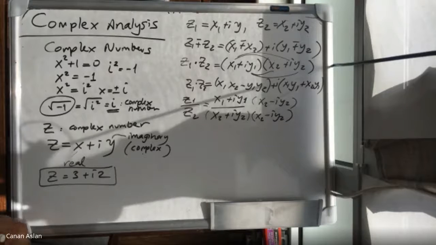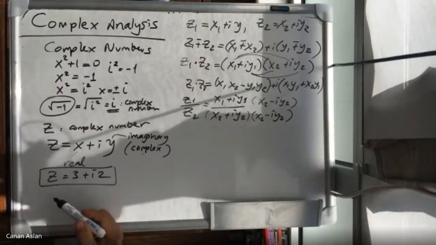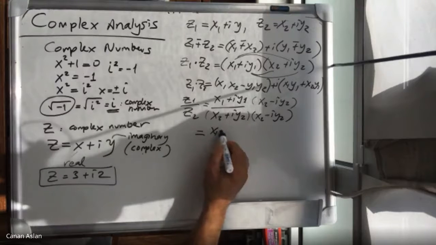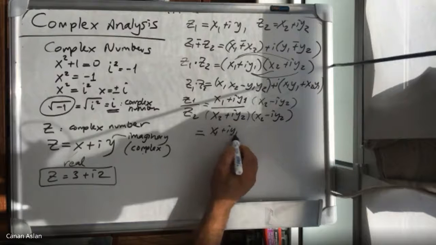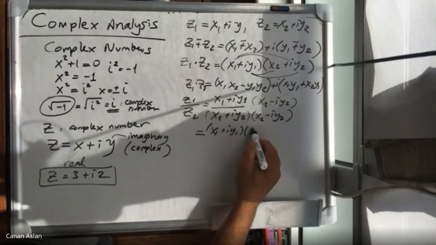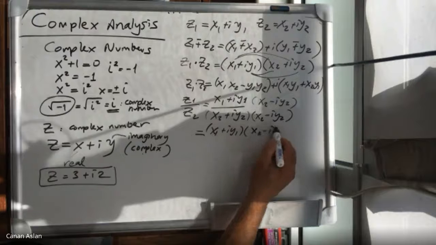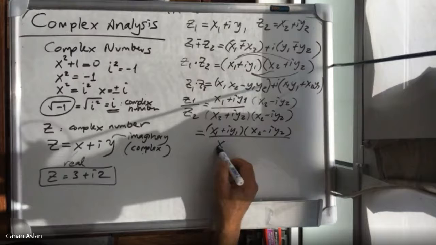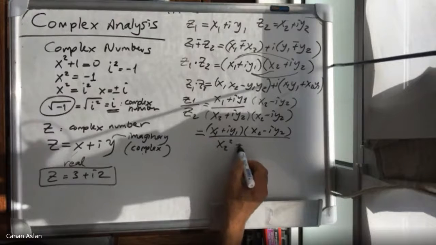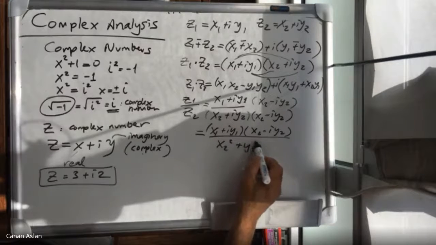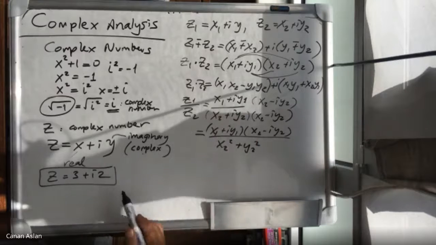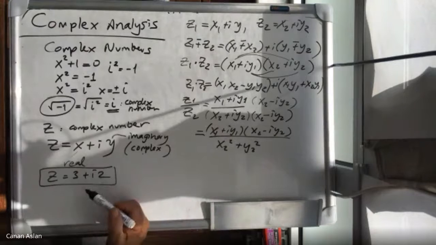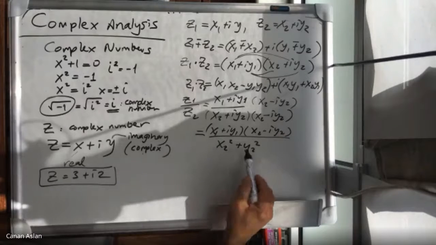If we do this, we will get simply x1 plus i y1 times x2 minus i y2 divided by, now let's see what happens, x2 squared plus y2 squared. The i terms cancel each other because one is plus and the other is minus, so the intermediate terms cancel and we end up with this.